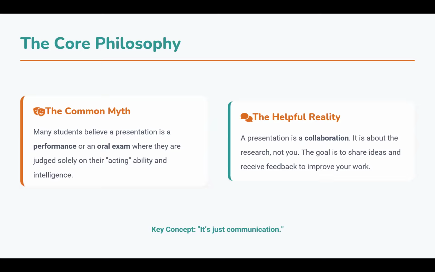So you should not take a presentation as a final performance or an oral examination. It's a point where you get a chance to be in front of the readers or the audience and provide them with your write-up and speak out loud on your own behalf.